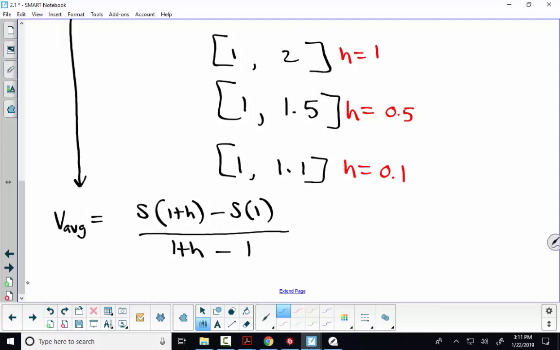The denominator, we're just dividing through by h. This is s of 1 plus h minus s of 1.